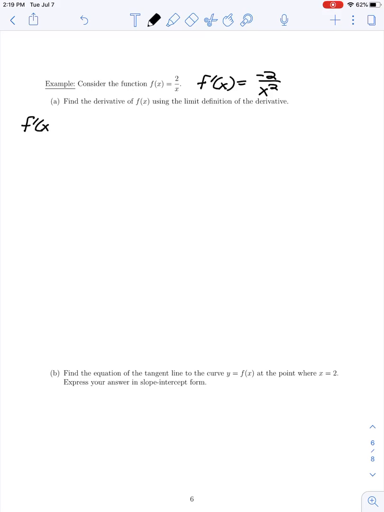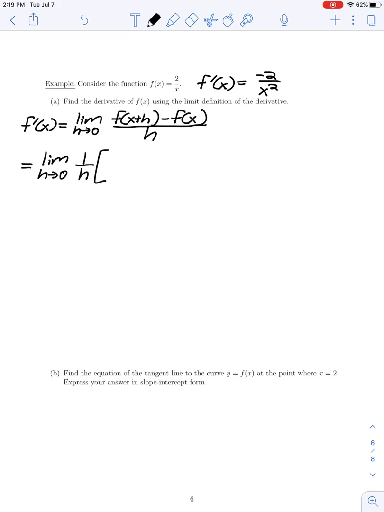So we know f prime of x is defined as the limit as h approaches 0 of f of x plus h minus f of x all over h. So here we have the limit as h approaches 0, and for notational convenience here, my division by h I'm going to rewrite as multiplication by 1 over h out in front.